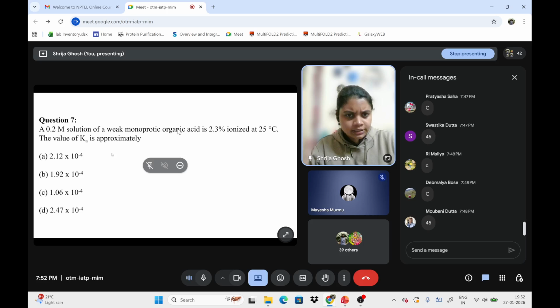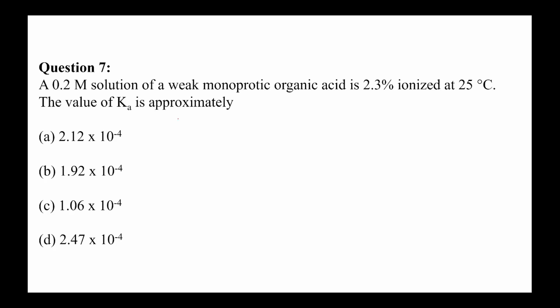Monoprotic acid means it has only one H plus ion, like I told you HCl is a monoprotic acid. But in this case we are talking about a weak monoprotic acid. So it's a weak acid, it's not an HCl kind of situation. That's how we need to solve the Ka.